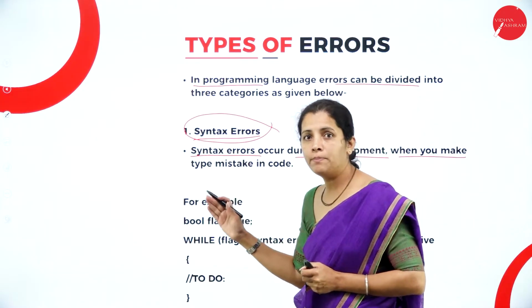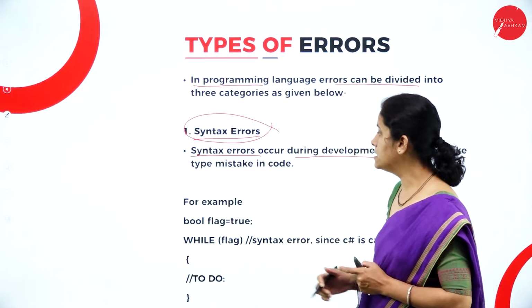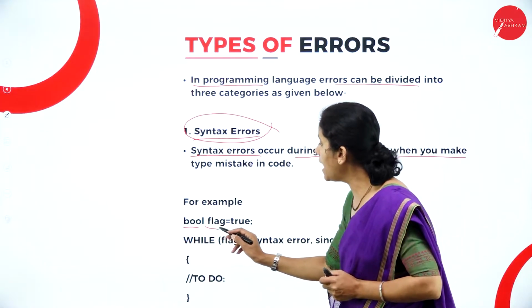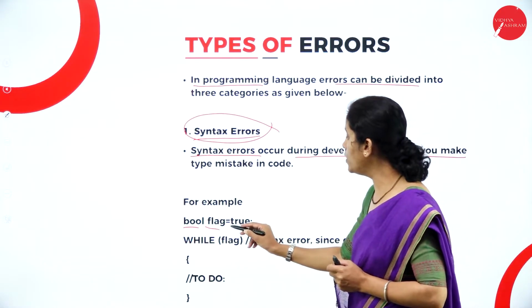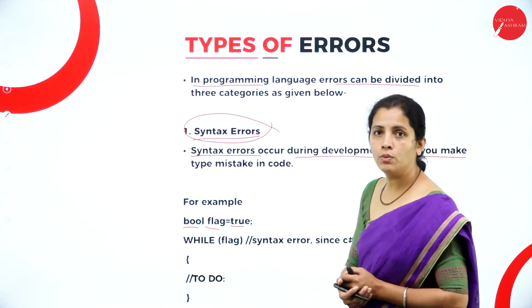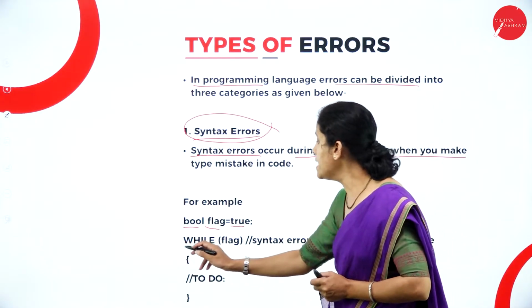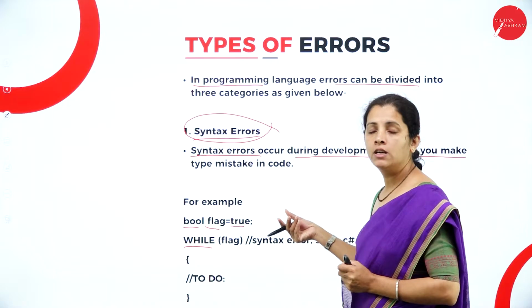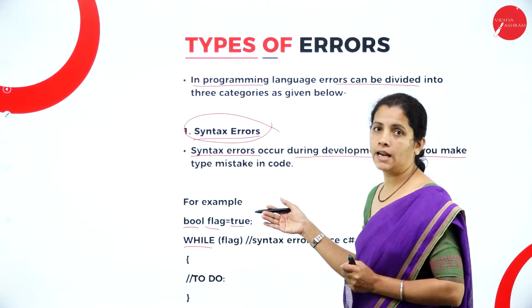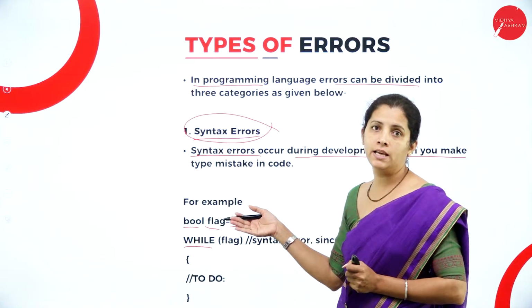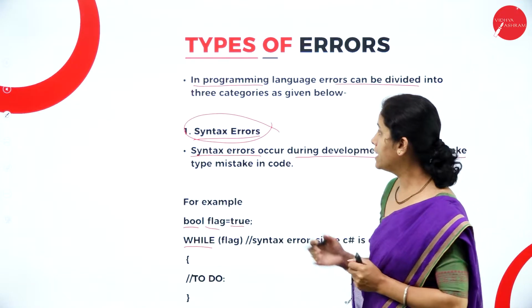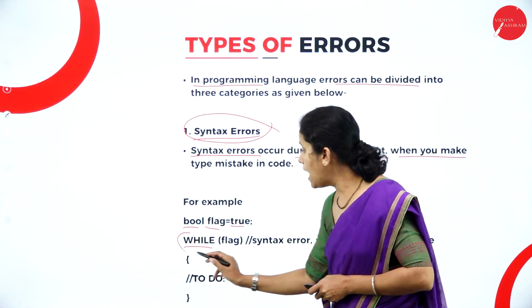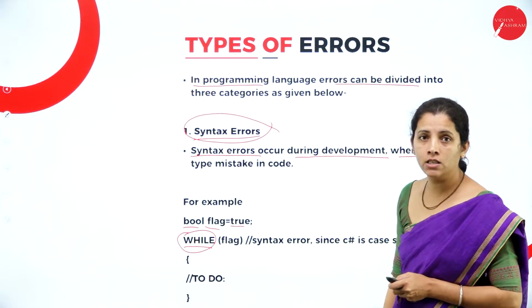Now I have a simple syntax error here. See, what is the data type? That is bool. Then flag is my variable and I'm going to set flag equal to true. And while flag, see, if I consider programming language, we have to follow this syntax, and if it is a C program, then I can use small letters, and if I consider C# programming, then it is case sensitive, and here I am using capital letters for while.